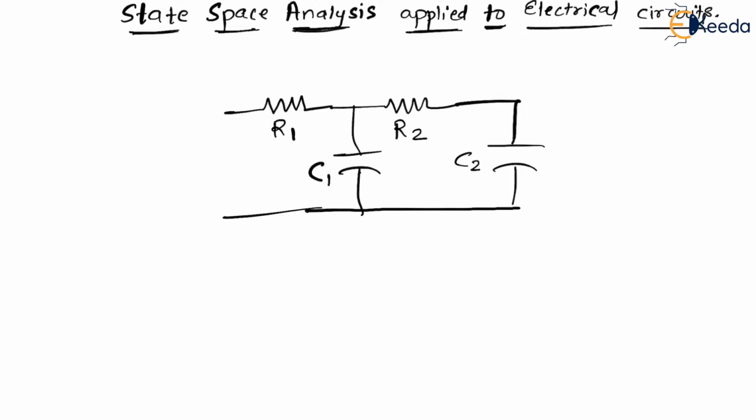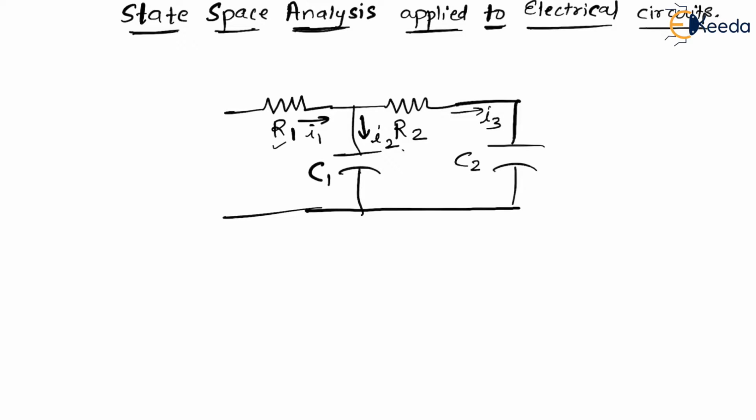Now, for example, they have already given you in the question that this current is I1, this current is I2, and let us say this current is I3.